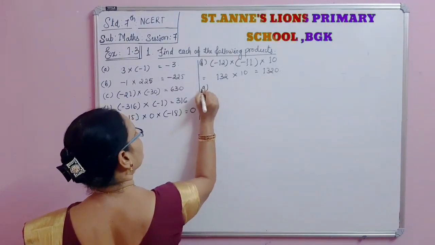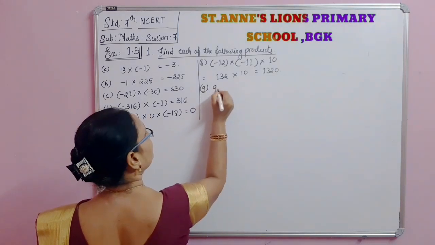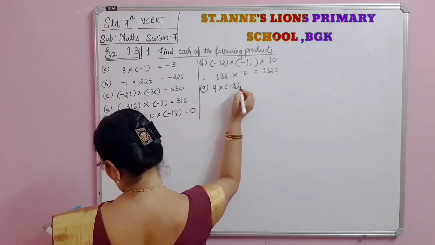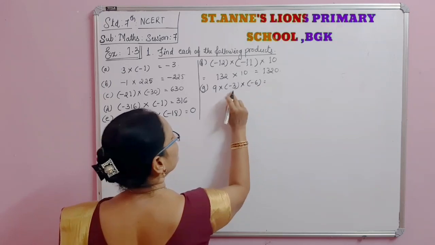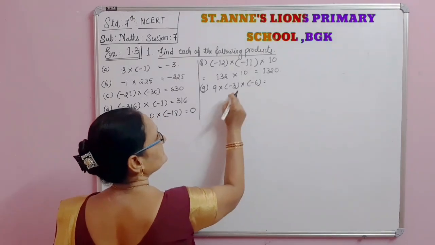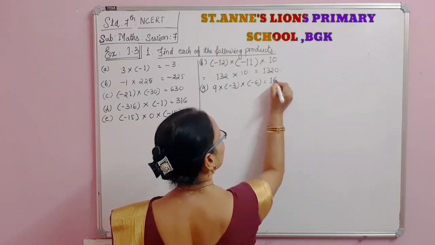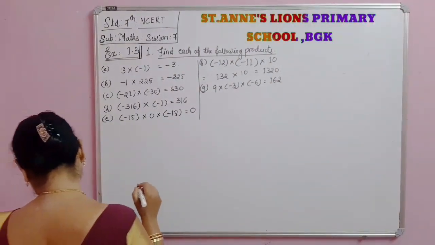Next comes G: 9 into minus 3 into minus 6. Minus into minus is plus. 6 3s are 18, 18 9s are 162.